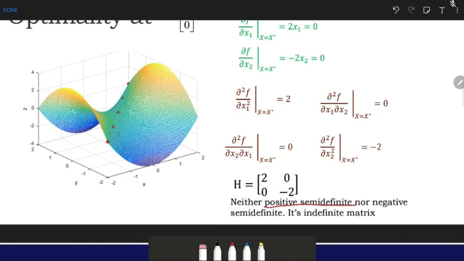Does anyone remember the eigenvalues of a symmetric matrix? No, you will only get some of them. Not all four of them are eigenvalues.